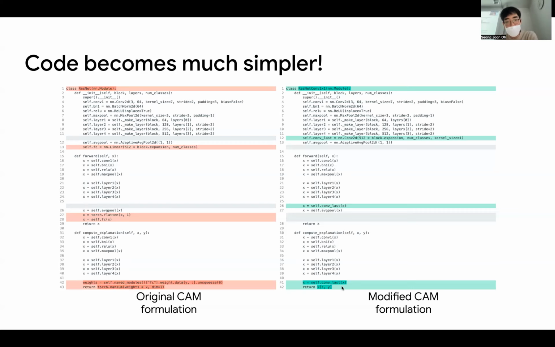No, we don't need to do that. We just need to take the output of your convolutional layer, and then take the slice corresponding to your class of interest, and that's it. So in my opinion, the right side of CAM implementation is much simpler and much nicer. So I always use the right side. And whenever someone uses the left side, I say, why do you do it?